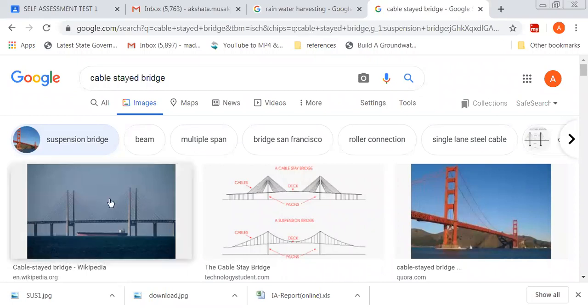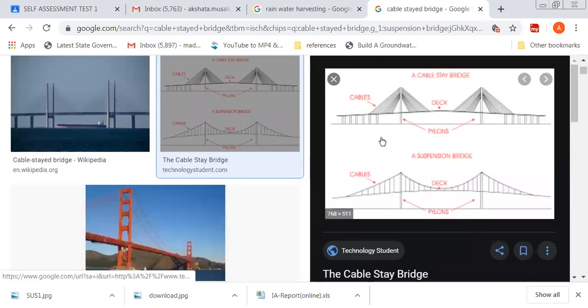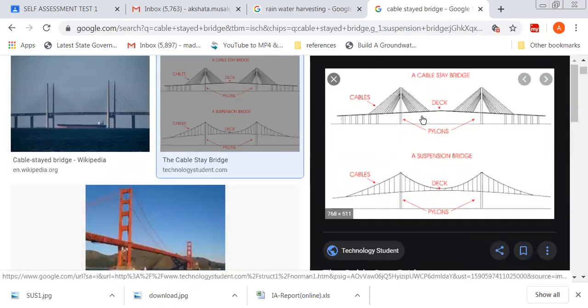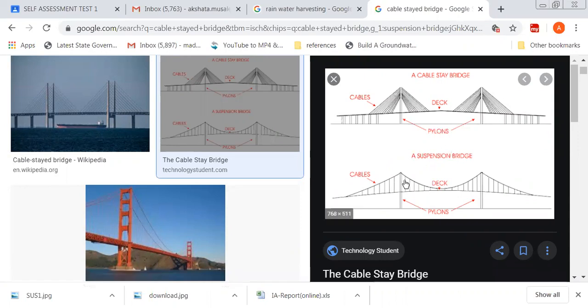You can see here, these are all cables. This is called a deck. These towers are all made up of concrete. This is called pylons. This is a cable stayed bridge, and this is a suspension bridge. You can see all the cables are suspended like this. Again, this is the deck, these are the pylons, and these are all cables.